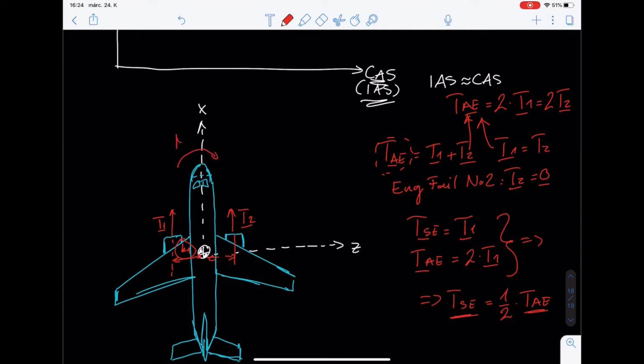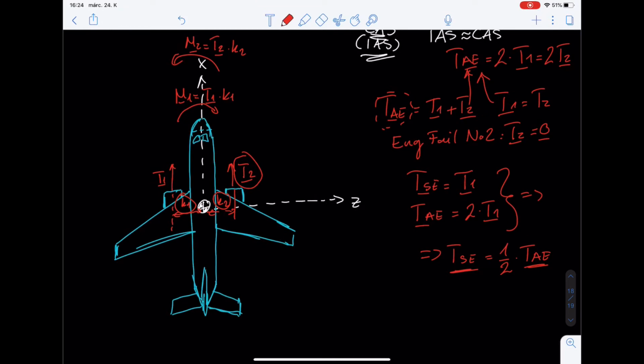So this moment 1 would be the thrust 1 times the K1 arm, right? And you also have a moment which is the thrust 2 times the K2 arm from the center of gravity, which will be pointed around the vertical axis in the counterclockwise direction, is the M2, which would be the thrust 2 times the K2. Right.